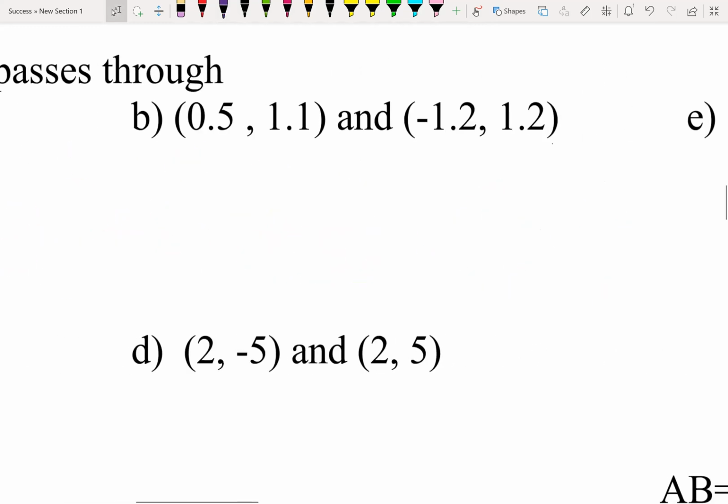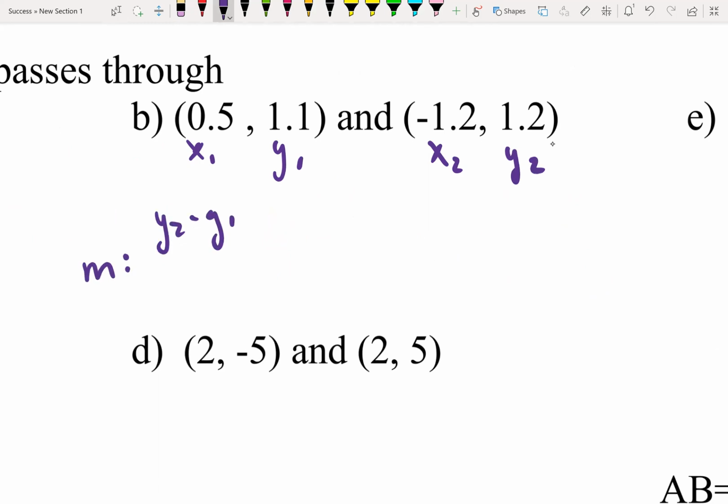Same with the next one. Even though we have these decimals, right? I'm going to start by labeling x1, y1, x2, and y2. Doing the same thing as before, since I'm finding slope, it's y2 minus y1 over x2 minus x1. And I'm going to start plugging in my numbers.